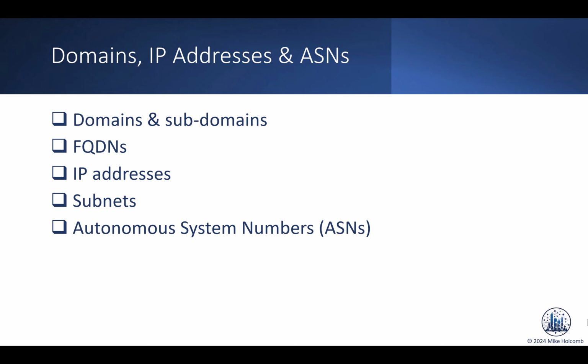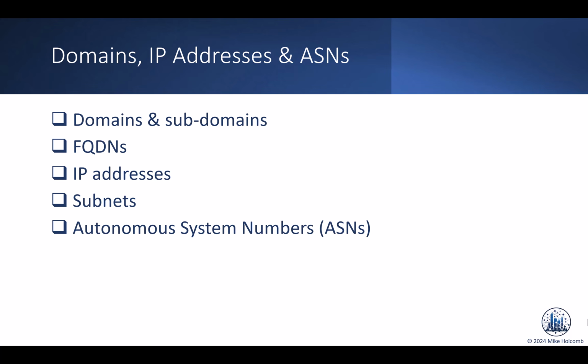A lot of those that we find typically are going to be web pages that are exposed to the internet. Not always, but that's a lot of what we'll find, especially when using a search engine like Google, because all it does is index web pages. So we'll look at how we find those domains, those sites, and the idea of the fully qualified domain name. Again, we want to find as many systems as possible.